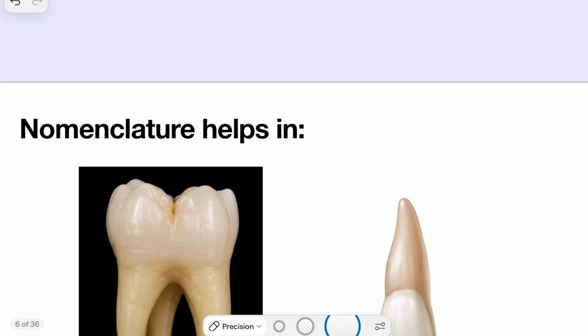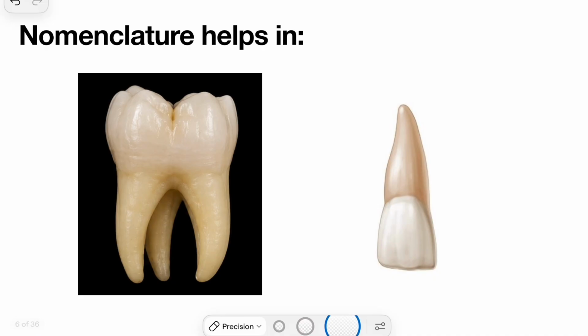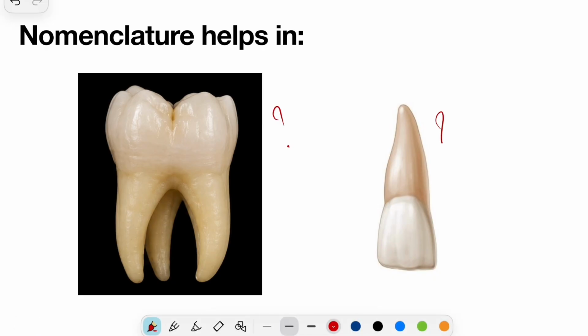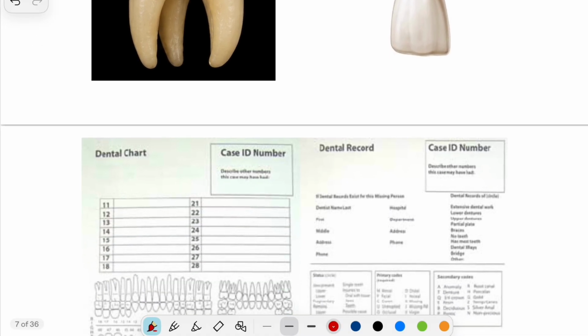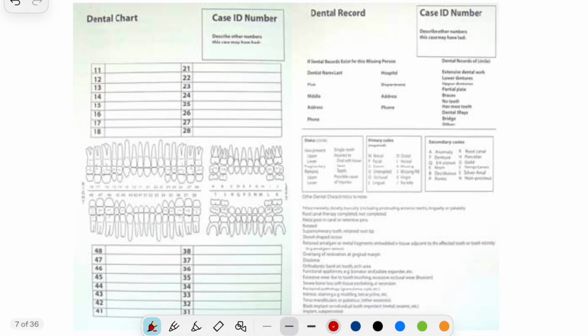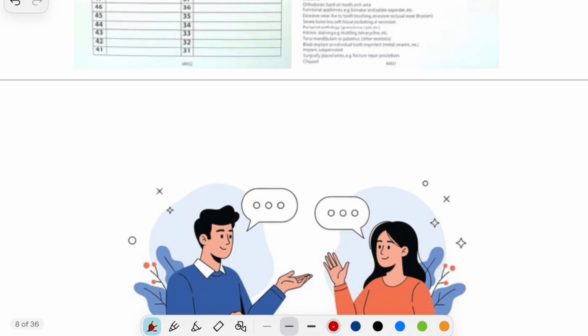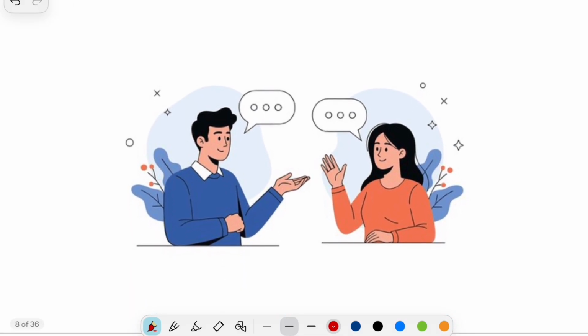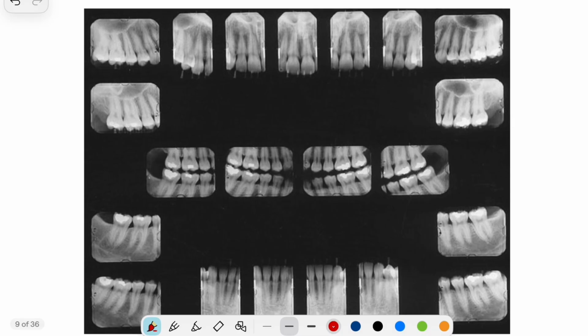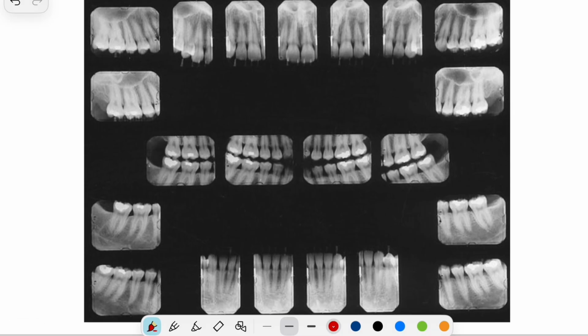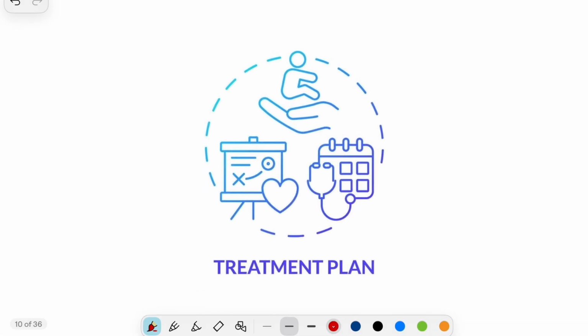It helps in identifying the teeth and recording dental findings, writing prescriptions and case sheets, communicating with other dentists, studying radiographic interpretations, and finally for treatment planning.